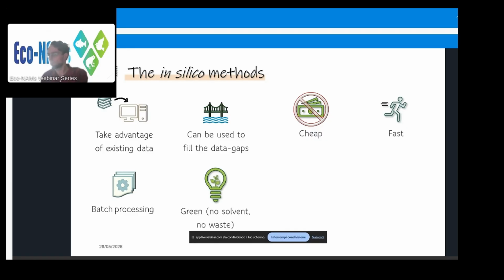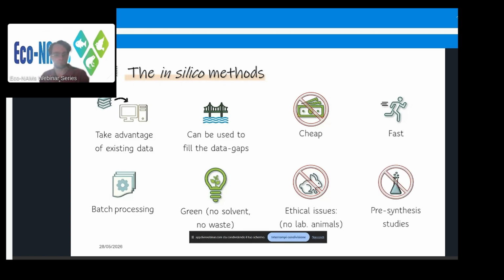They are environmentally friendly because they do not need solvents, they do not produce waste, and they do not use laboratory animals, so they have no ethical issues. In addition, these methods do not require the synthesis of the chemicals, so they can be used at the very early stages of the development of a new chemical.